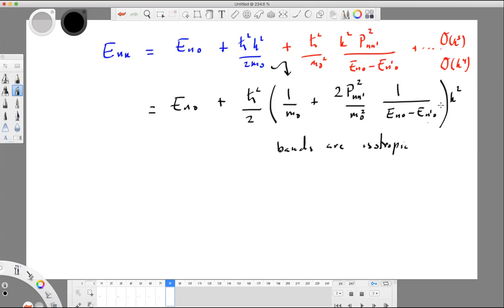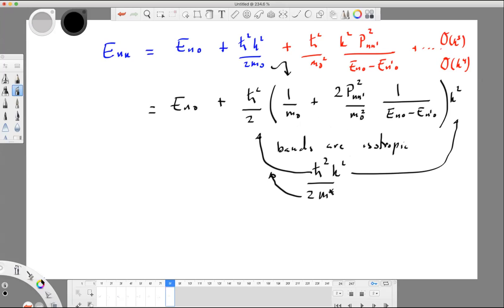Okay, so here we now try to express this term in terms of ħ² k² over 2m, with an effective mass. You see that here we have this feature of k squared, and we have this ħ² over 2 outside here, and the rest of this expression is going to be expressed in terms of an effective mass.